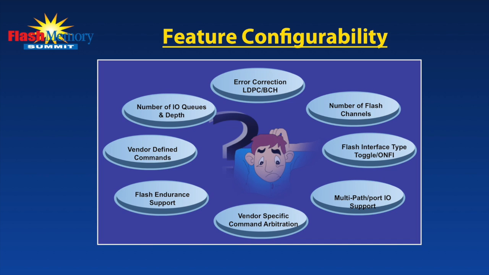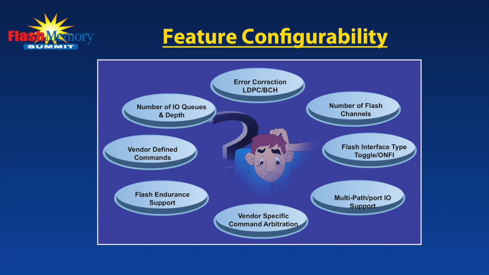I talked about multi-path support. This is again, your hardware component should allow you to have an implementation, or our customers to have an implementation, which is not multi-path I/O, but at the same time if someone wants it, whether the design component, the IP component, supports it or not. So that is one of the feature configurability items the design has to address. Vendor-specific command arbitration, this is one of the NVMe features. We want to make sure that our reference design allows that to be added in an implementation.